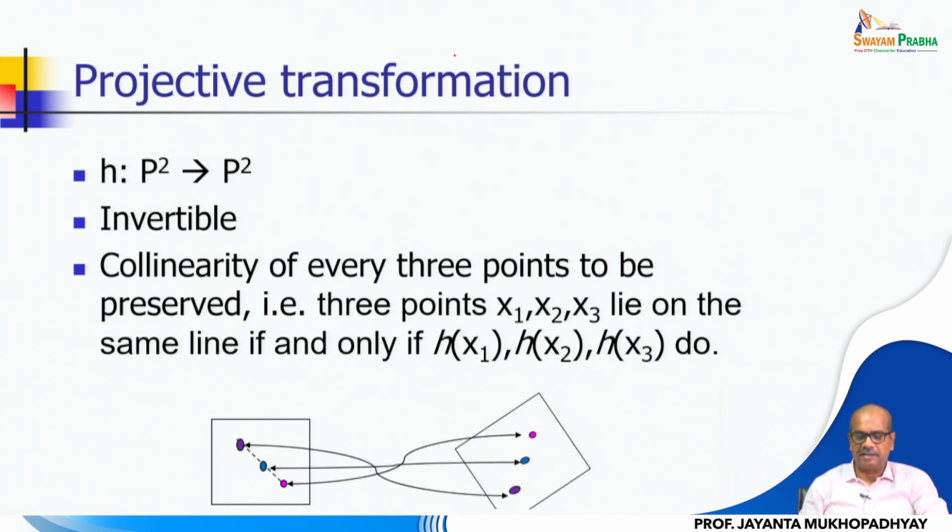You can see the mapping, and the other thing is the uniqueness of the corresponding pairs, which makes it invertible, and the collinearity property. Since these three points are lying on a line, the other three points will also lie on a line, and you can also observe that because of this property, the ordering of points is also preserved.